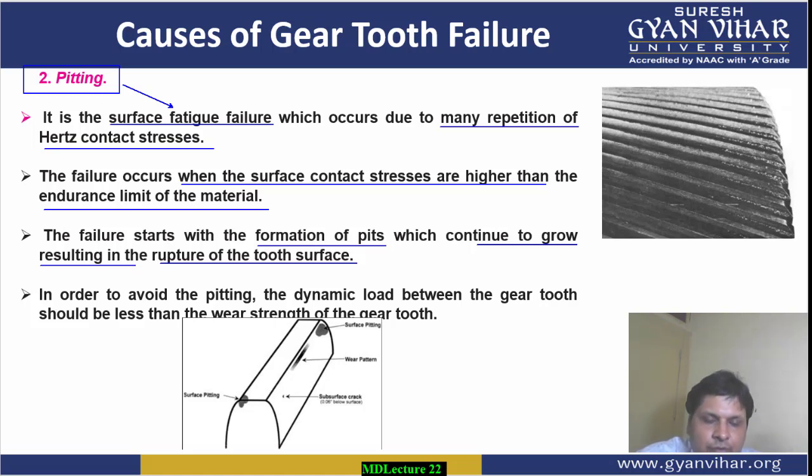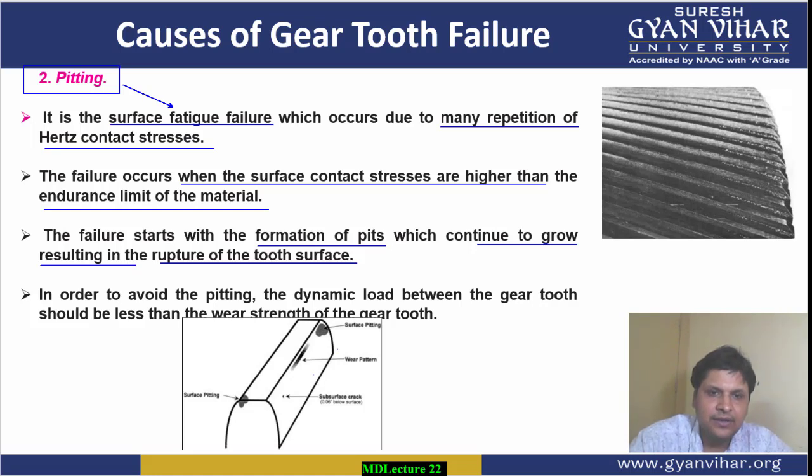Now what should be done in order to avoid it? In order to avoid the pitting problem, the dynamic load between the gear teeth should be less than the wear strength of the gear tooth.